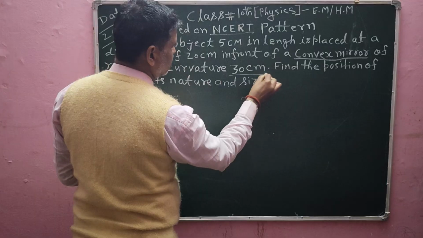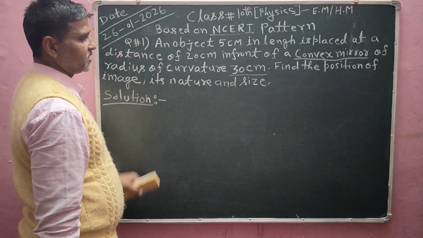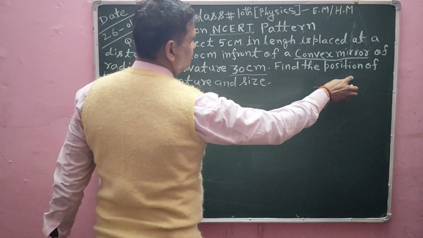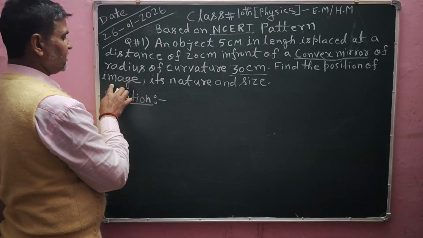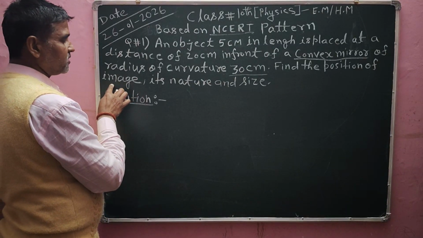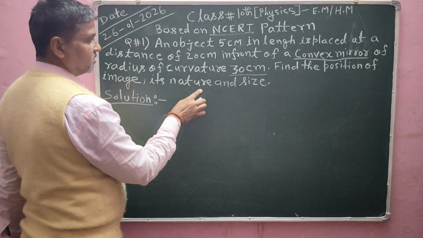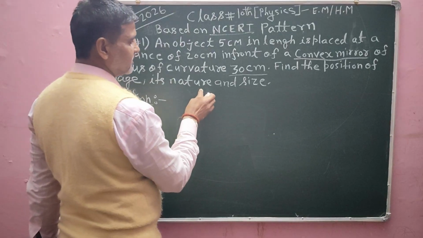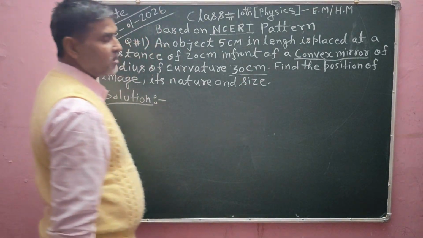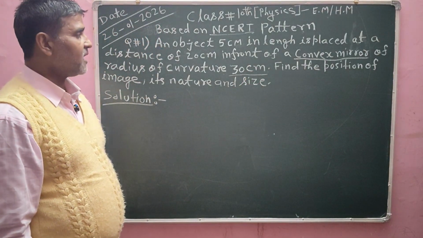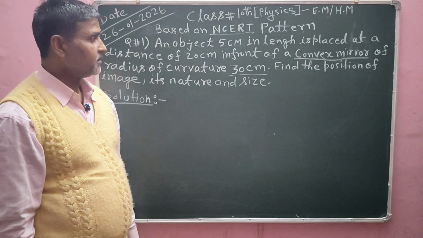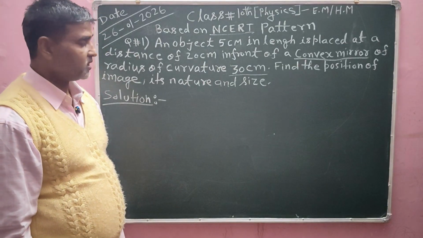This is the radius of curvature of the convex mirror. Find the position of the image. This is one question. Its nature, this is the second question, and also its size. So three pieces of information I have to get from the question.